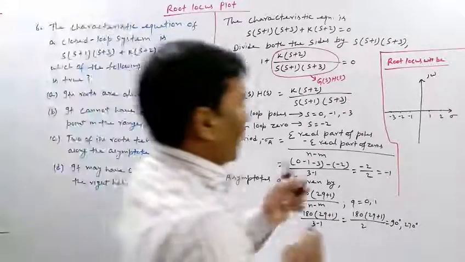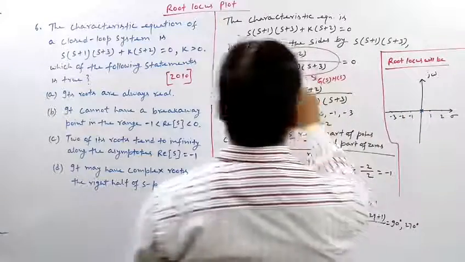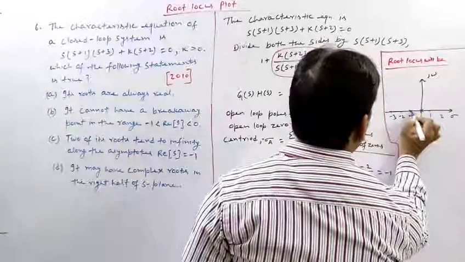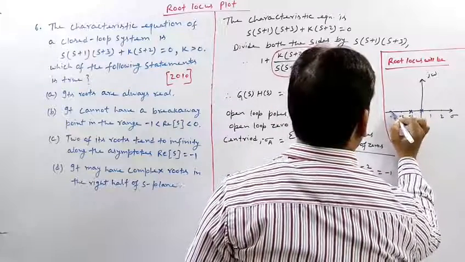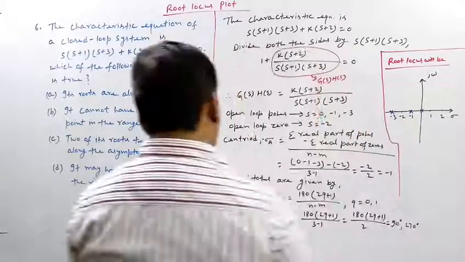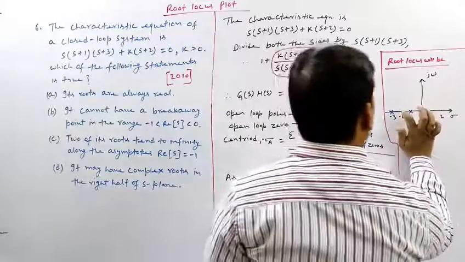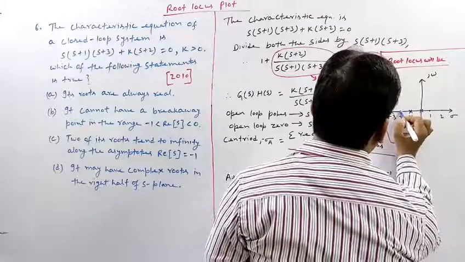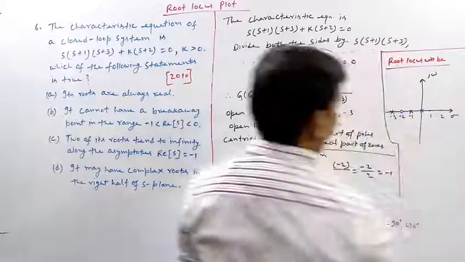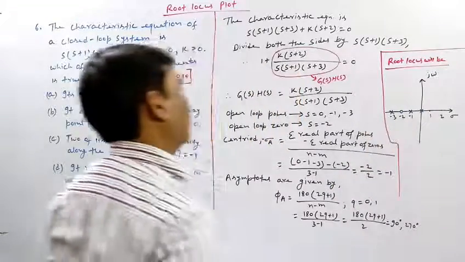The first pole is at 0, the second pole is at -1, and the third pole is at -3, and the zero is at -2. So the zero is at -2. Now we have denoted the open loop poles and zeros.